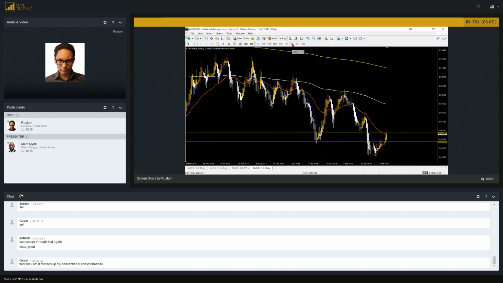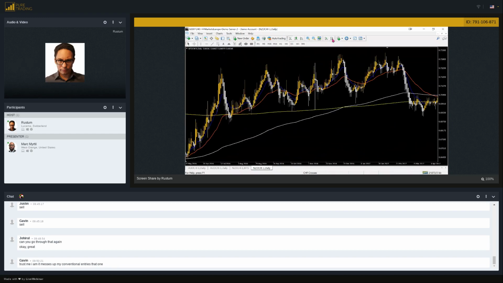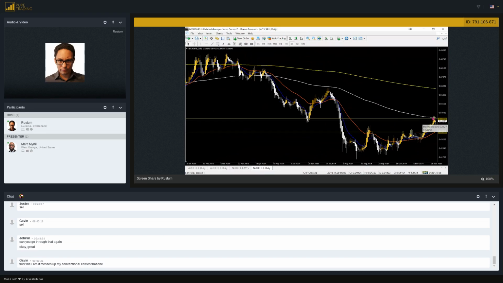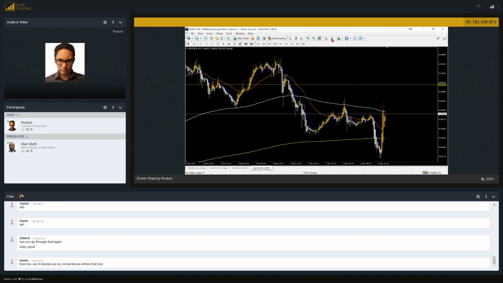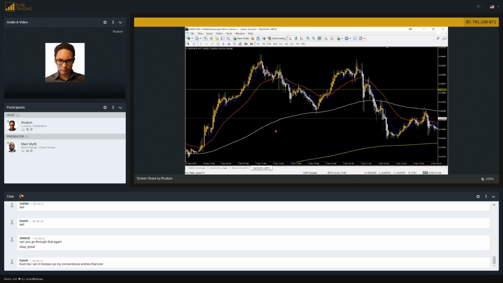We're drawing in our levels, and on the daily, not only does it match our 36 on the weekly, it also comes up to our 200 and it respects it, perfectly. So there is nothing else to do other than drop down to the 15-minute and look for any opportunity to sell in this sort of area.